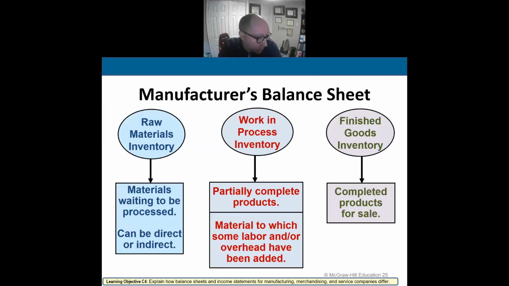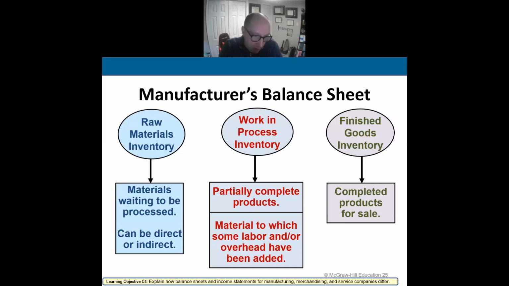Raw materials, those are the materials waiting to be processed. In our example of the car manufacturer, we have the metal, the engine components, the rubber for the tires, etc. Right? Those are all raw materials.